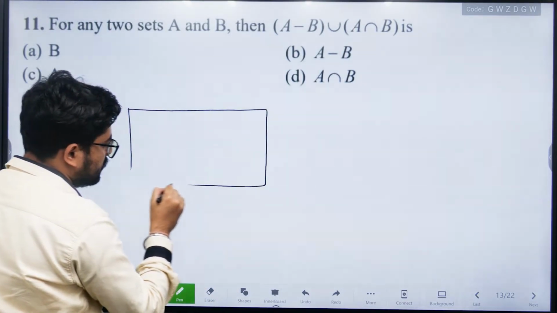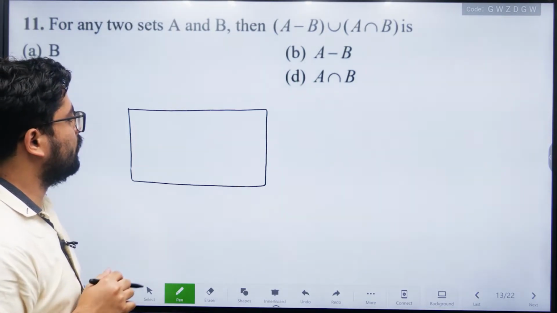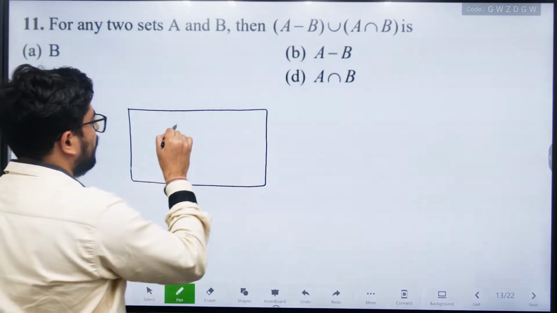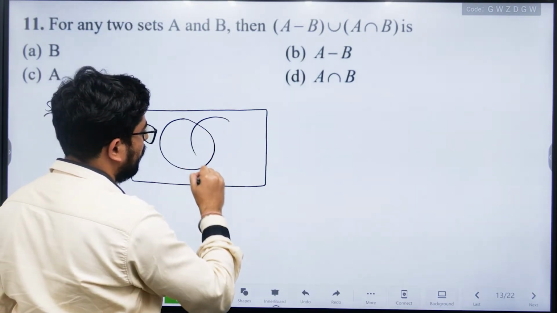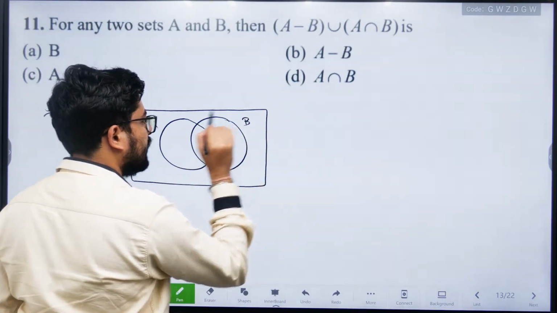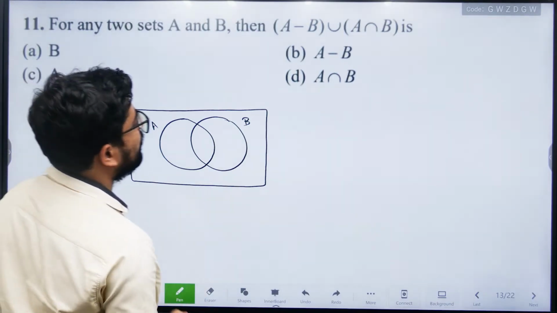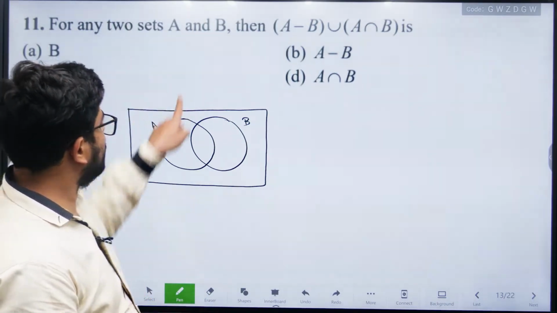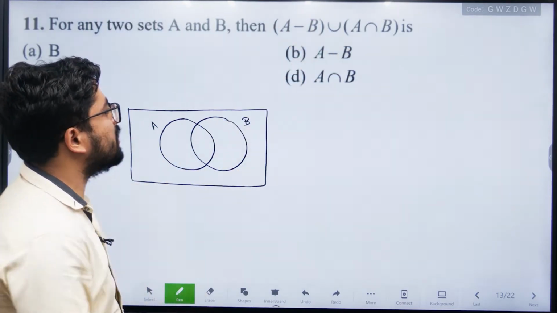Let's say this is your universal set. Now this is set A, this is set B. So first, find A minus B.